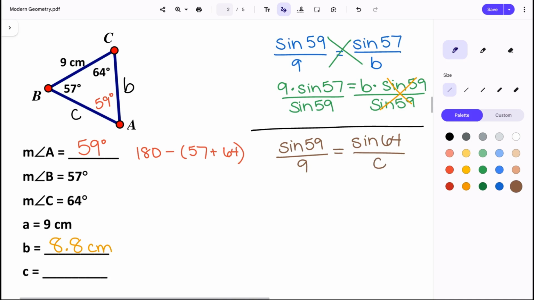Everyone agree with Solomon there? It's very similar to what we were using on the last one. We're just now switching to big C and little c. What'd you do next, Solomon? 9 times sine of 64 equals sine 59. Good. And then what? Divide sine 59 by both sides.